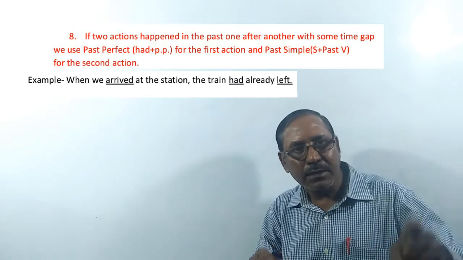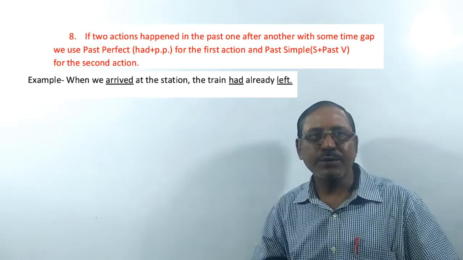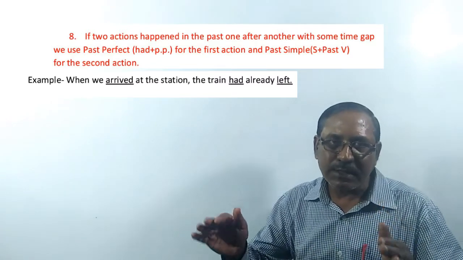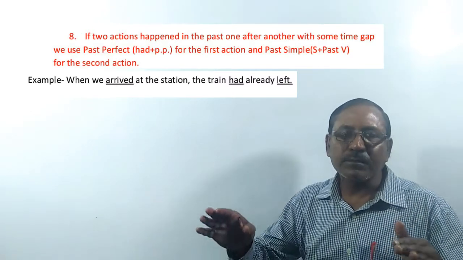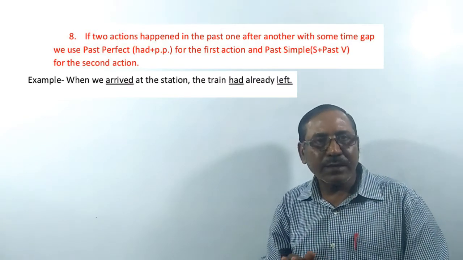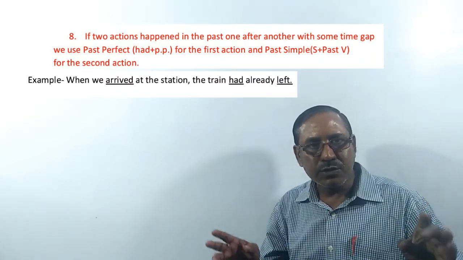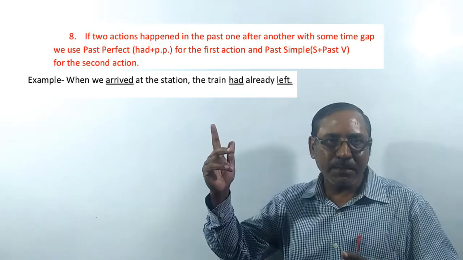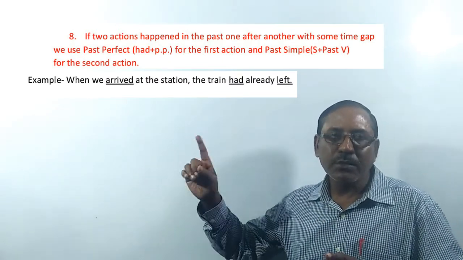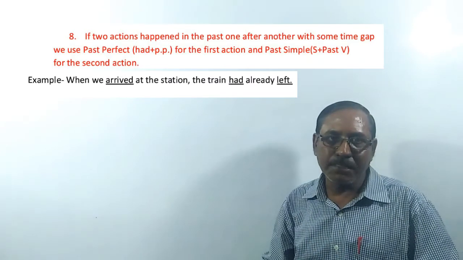The teacher came or entered and we stood up. So both the actions started suddenly and at the same time. So we can't use past perfect there. So both are in simple past. So past perfect is used only for the more past.